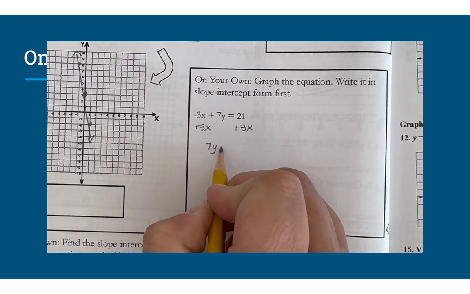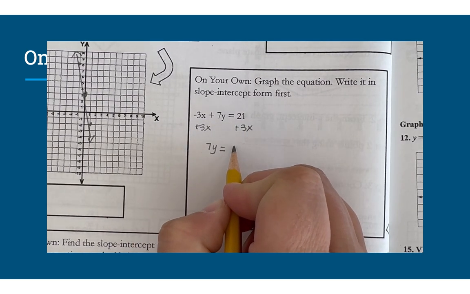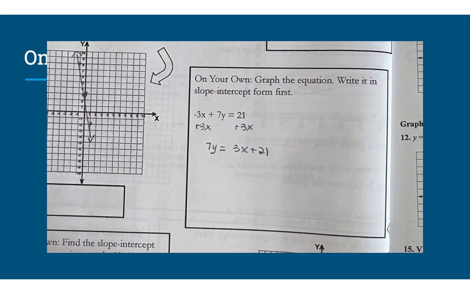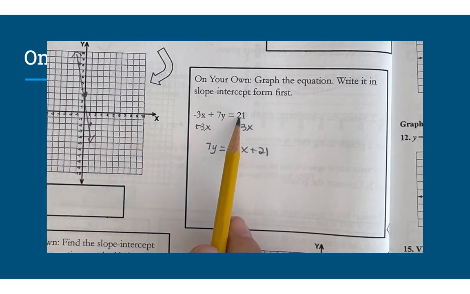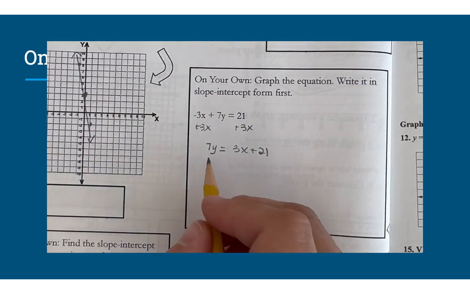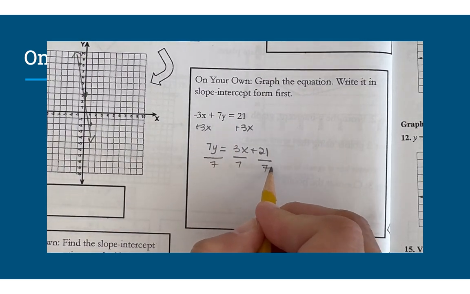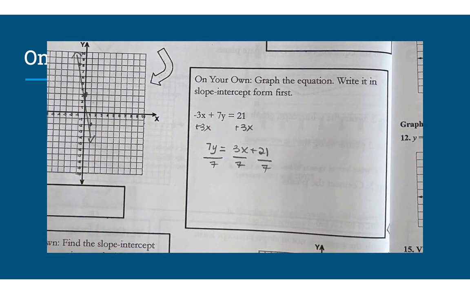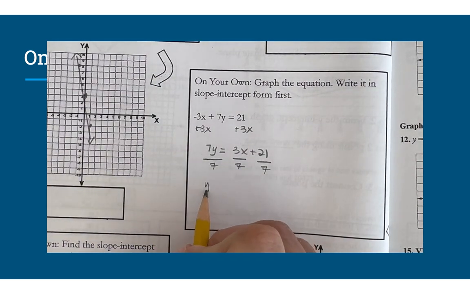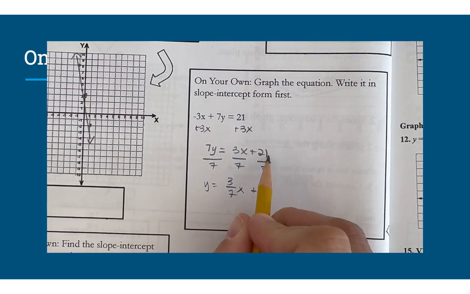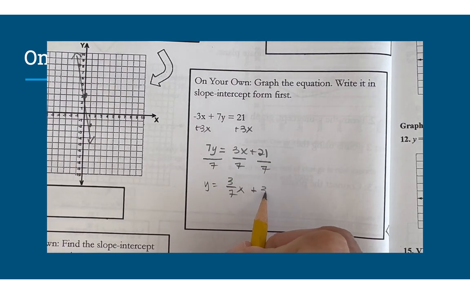I get 7y equals 3x plus 21. Notice how I kept my 3 positive and my 21 positive. I'm going to divide both sides by 7, and I'm going to divide everything by 7. This is going to give me y equals 3/7 x plus 21 divided by 7, which is 3.